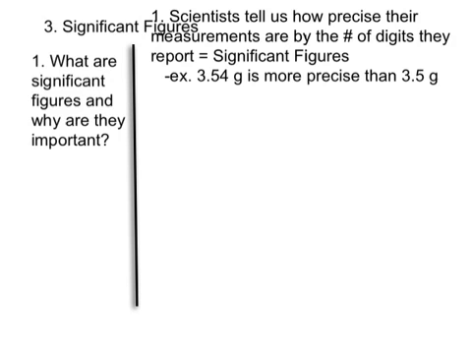So if you measure a pencil or something and it might be 3.5 grams, if you put that same pencil on the 2-digit scale, you're going to get 3.54, which is more precise, okay, because they've given us more digits of measurement there to work with. So that's what I mean by more precise. So the measurement 3.54 grams has more significant figures in it than 3.5 because it's a more precise number.